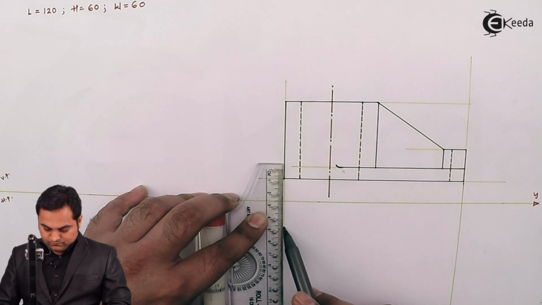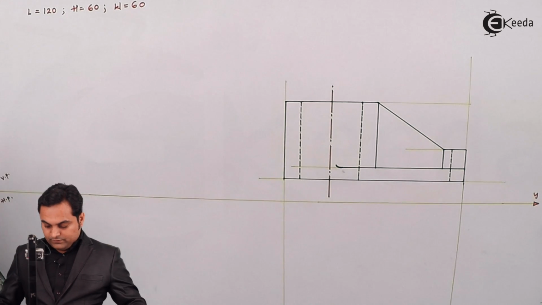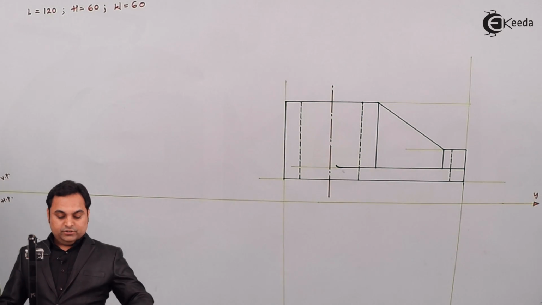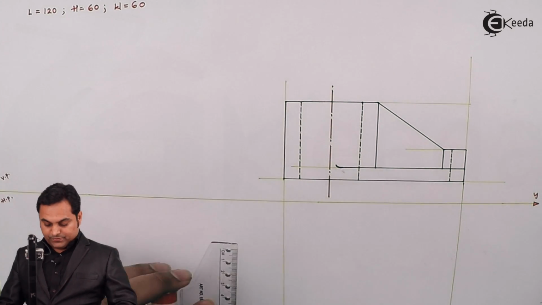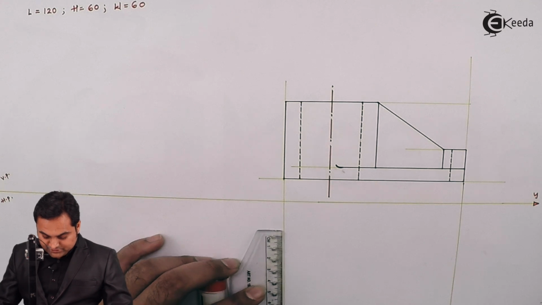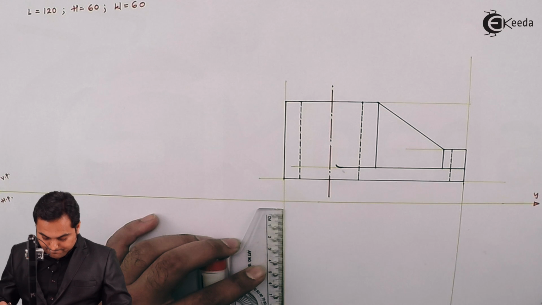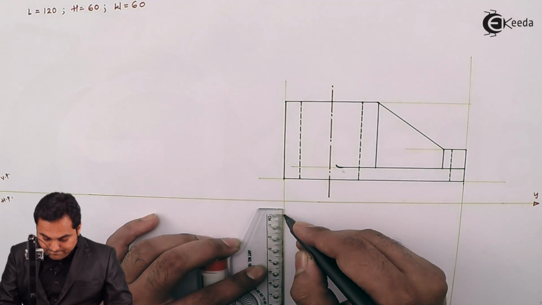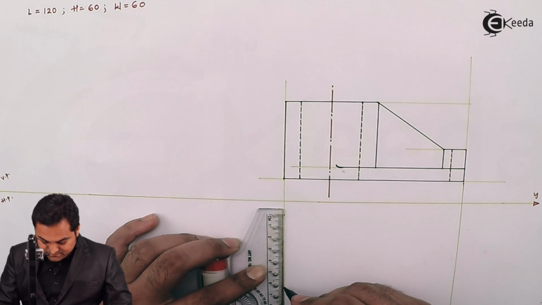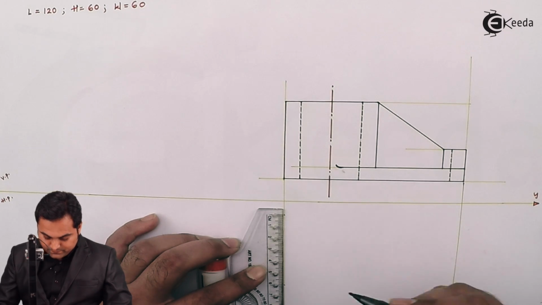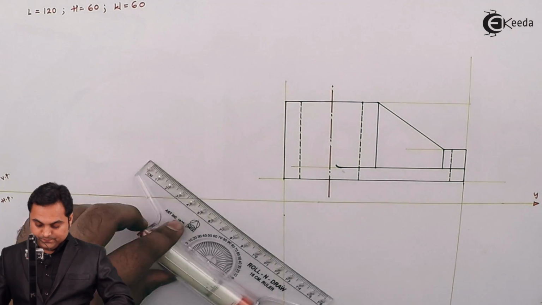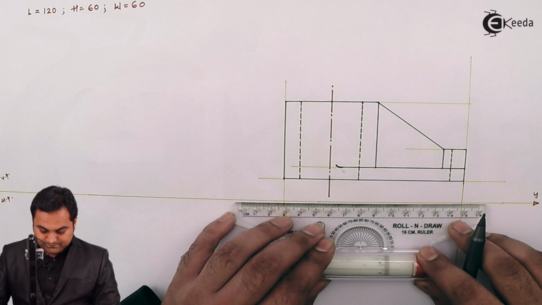After projecting the length, here the width is 60 mm, so I'll mark 60 over it. Then drawing the rectangle.